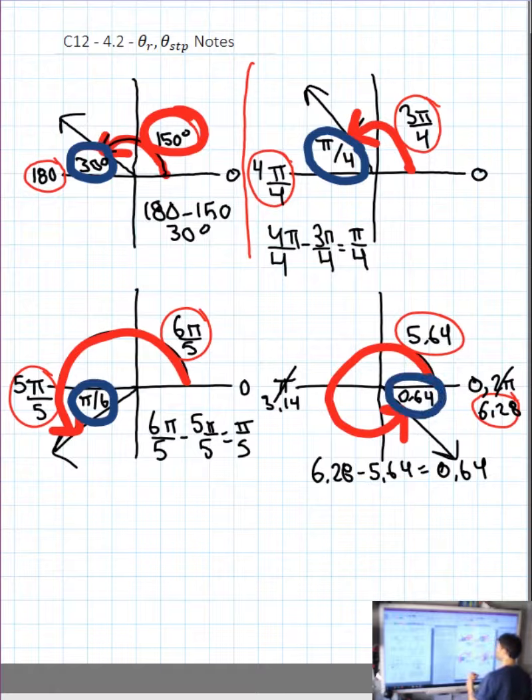So please feel free to take a look at the notes for a more detailed and thorough run-through of all these points: the exact English instructions of what a reference angle is and what a standard position angle is, and all of the more complicated finding of reference angles, adding and subtracting fractions with the lowest common denominator.